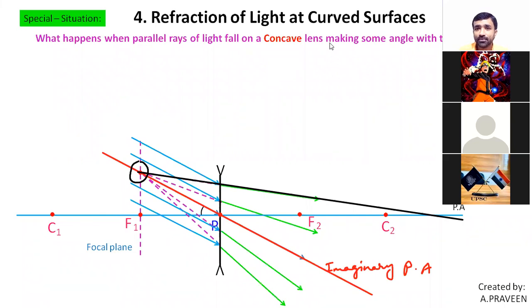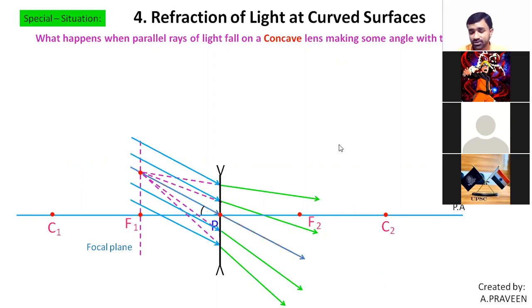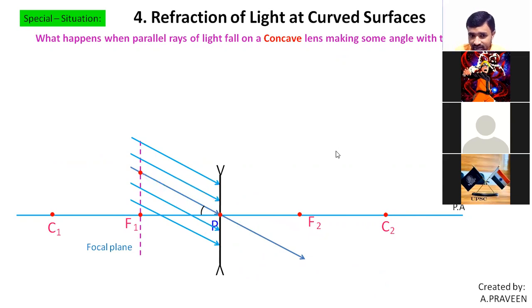Can you see how I drew? See them. Look once again. From the focus, I am connecting the points of incidence with the dotted lines, then I am extending that same line to the other side of the lens to get the refracted light ray path.